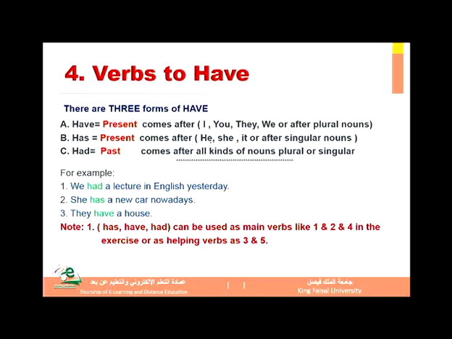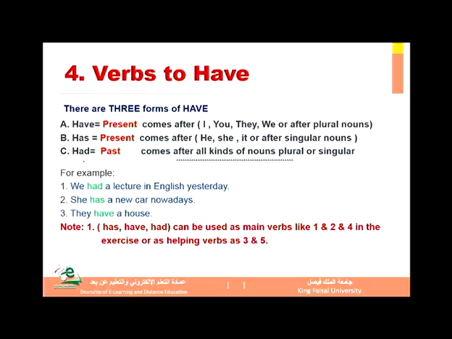So for example, we say she has a pen, he has a pen, or it has a pen, or the student has a pen, or the boy has a pen, or the girl has a pen, or any other singular noun, like for example Ali has a pen, Layla has a pen, okay? فإذا بعد الضمائر المفردة لما يكون زمن الجملة مضارع نستخدم has. وبعد أي كلمة مفردة مثلا علي، صالح، الطالب the student, the boy الولد, the girl البنت إلى آخره.